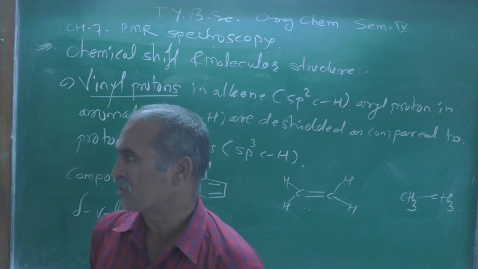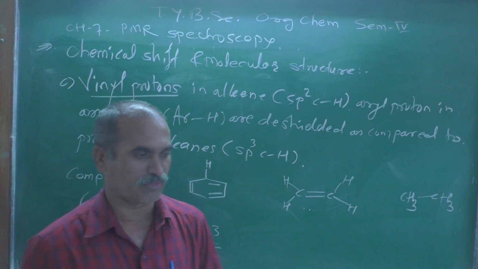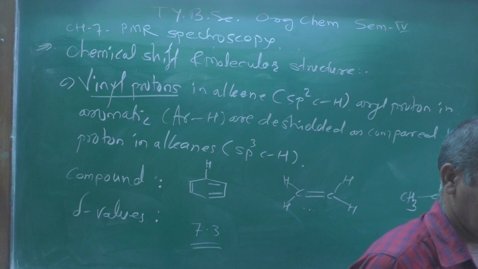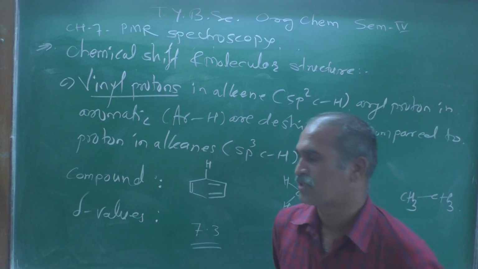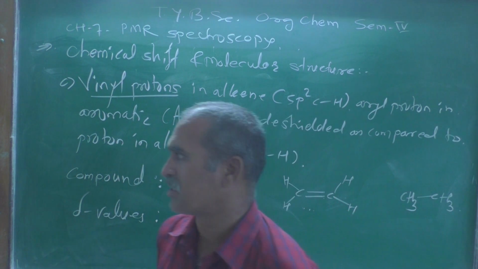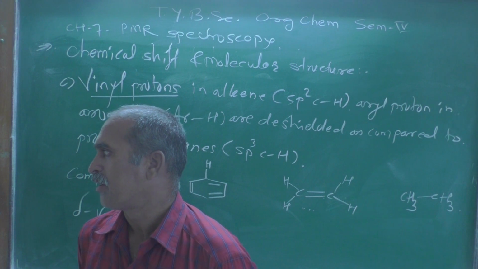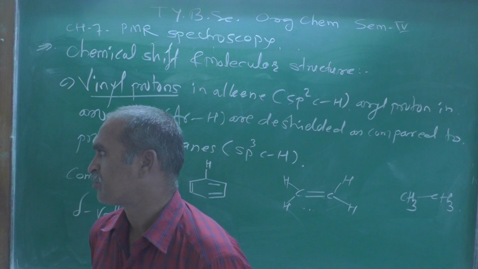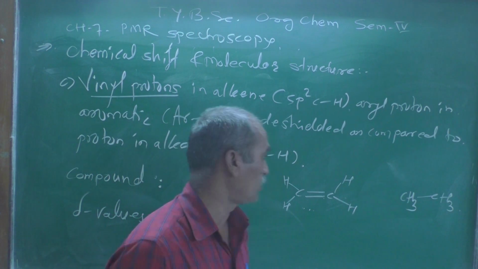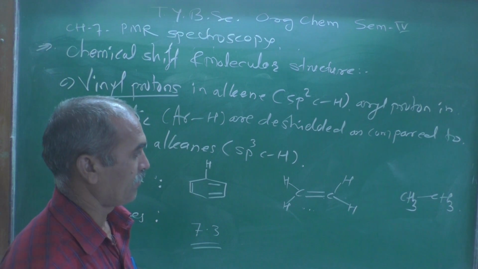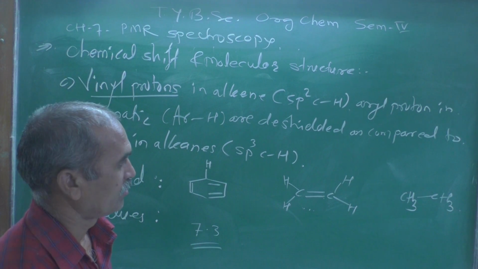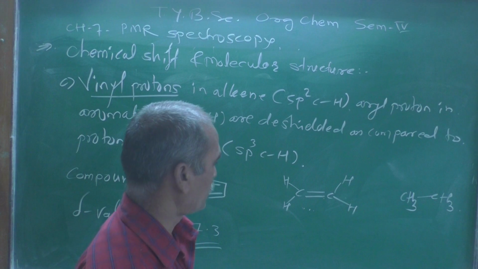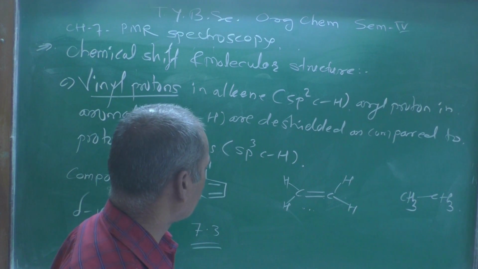The hybridization is sp2, planar in geometry, the bond angle is 120 degrees, trigonal geometry, and the bond length is found to be 1.20 angstrom.